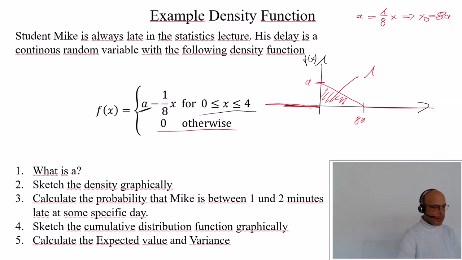How do we get this? Of course, using the definition, we have 1 equals the integral from 0 to 4 of a minus 1 over 8 times x dx. What is the integral of this? Can you help me?